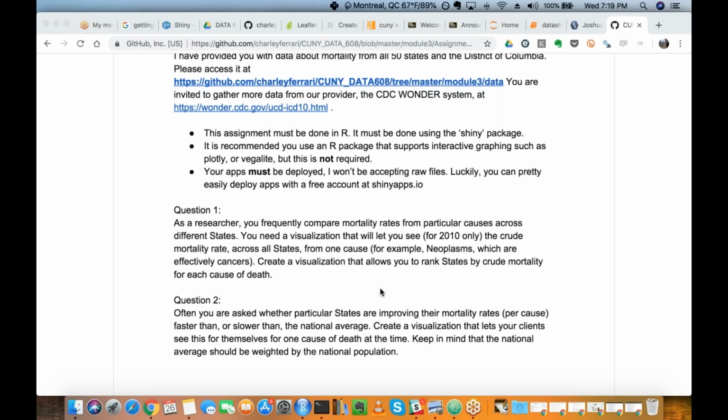For question 1, we're really comparing mortality rates for each cause of death.